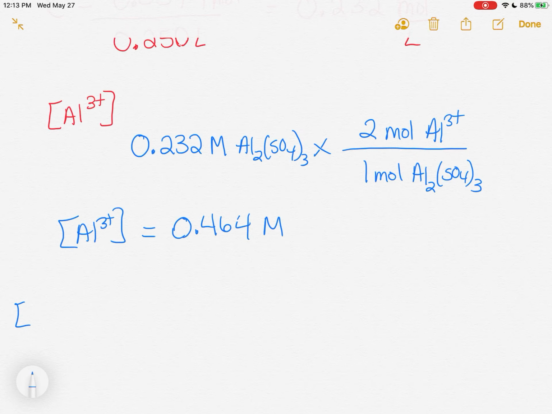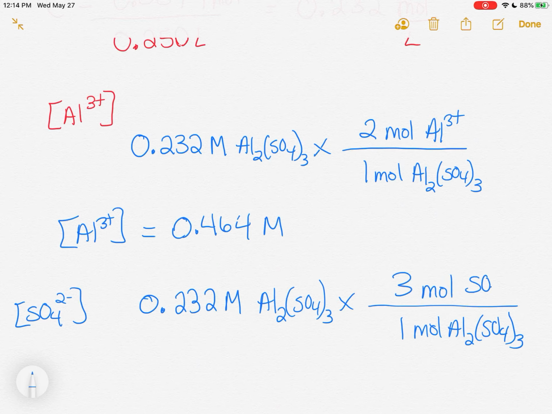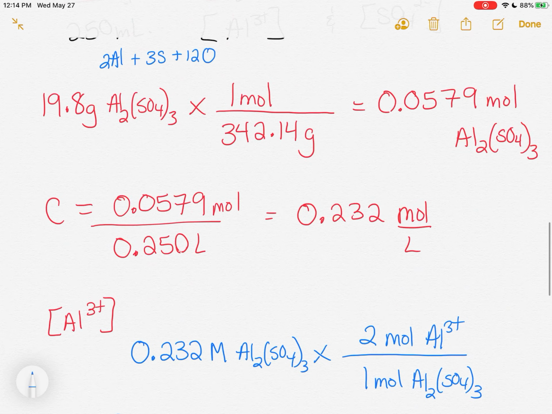Now, the concentration of our sulfate ion has a different mole ratio. So we start with our 0.232 molar aluminum sulfate. Only this time, 1 mole of aluminum sulfate is giving us 3 moles of the sulfate ion.